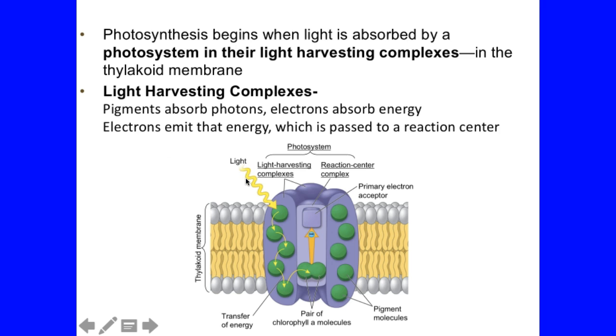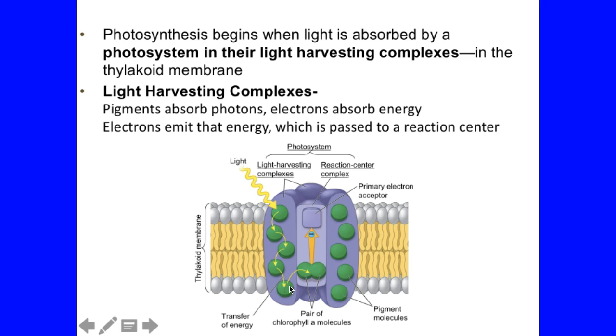Photons are the form that light energy travels in. So light energy, those photons, are going to hit these light harvesting complexes. This allows the energy to be absorbed, and then it bounces from the highest to the lowest all throughout here.